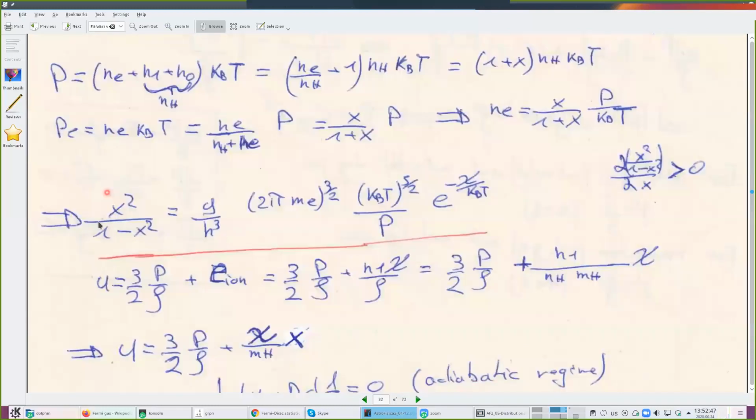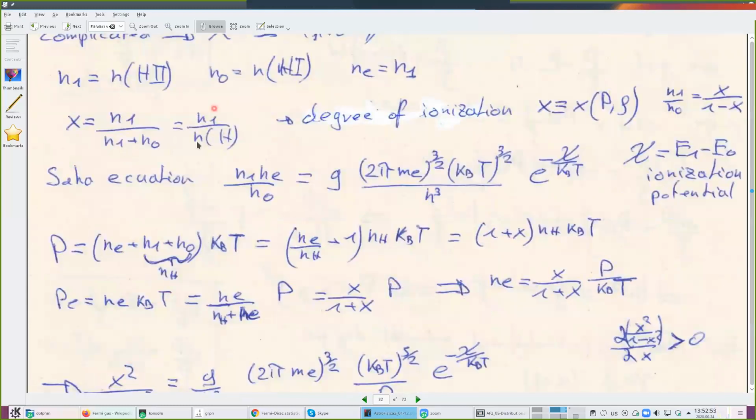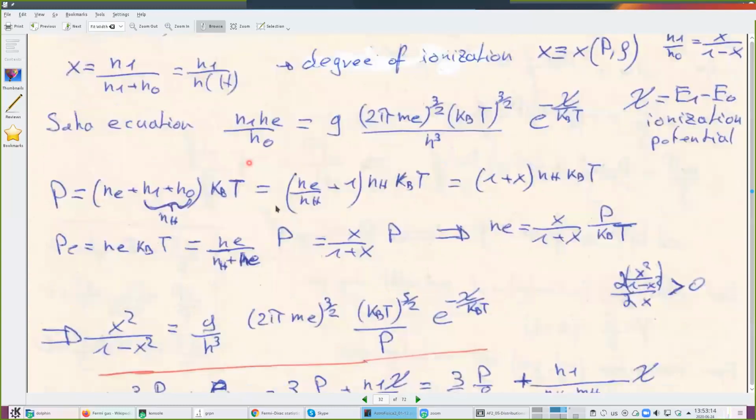X is the number of particles in the second level, because the ground level is neutral, and N1 is the ionized, and the total number of particles.